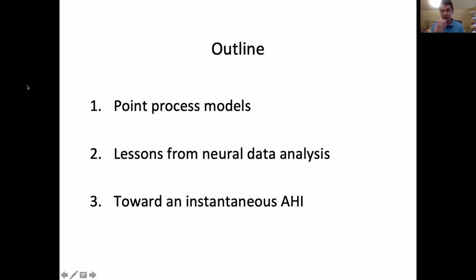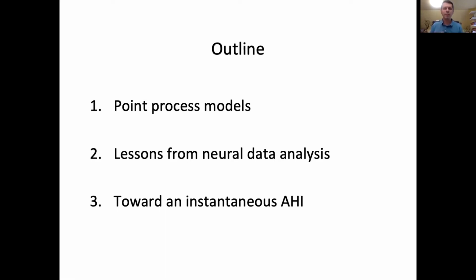So just a brief outline, I'll start by sharing a few areas where point process modeling is important, and some of the questions that arise, and some of the real basics about how to look at point process data, some of the basic statistical methods, and some of the basic models.